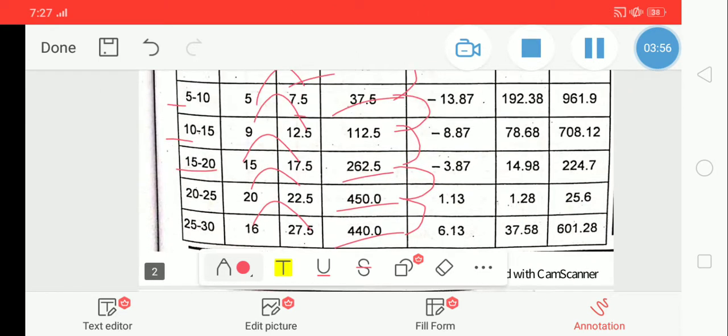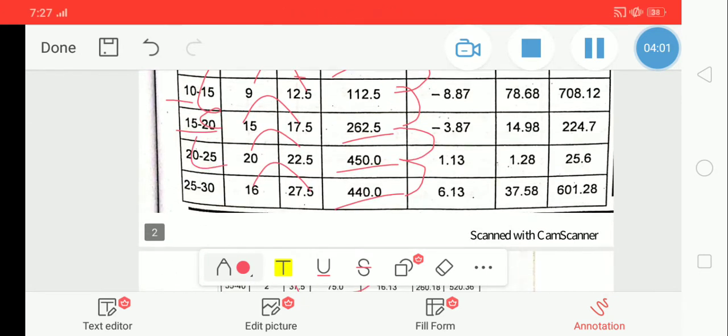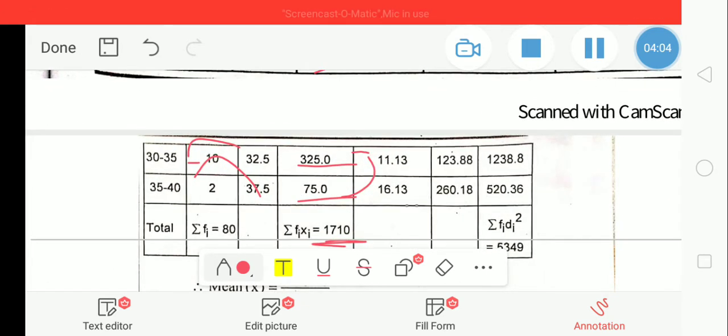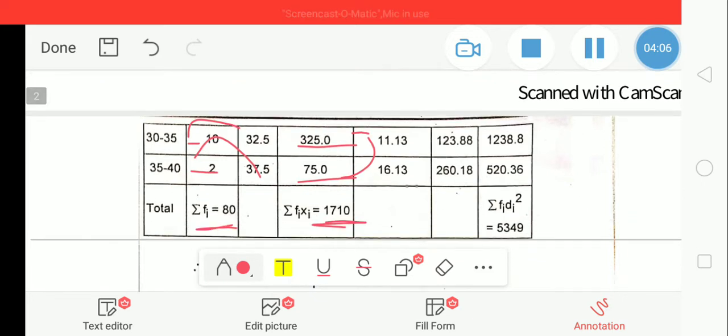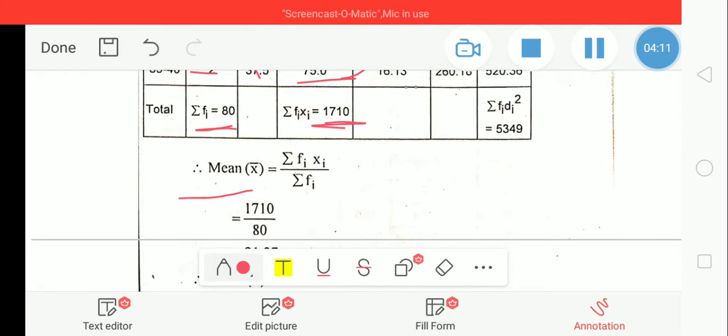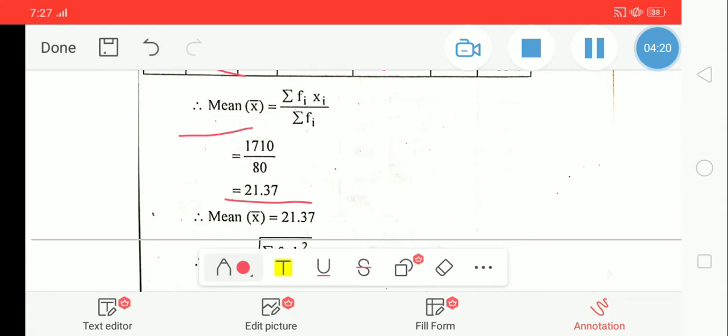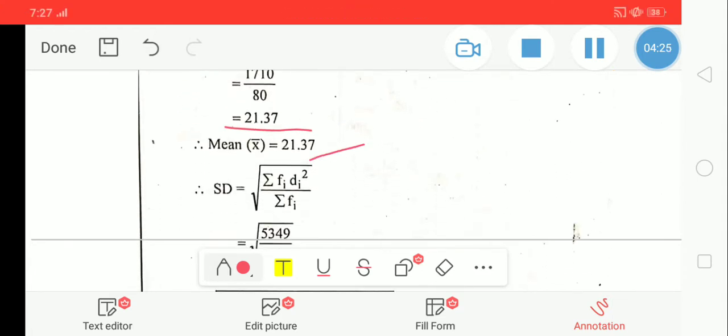And also summation of fi: 3 plus 5 plus 9 plus 15 plus 20 plus 16 plus 10 plus 2, that is 80. So the mean x bar is equal to summation of fi xi divided by summation of fi, so 1710 divided by 80, which gives 21.37. Mean x bar is equal to 21.37.